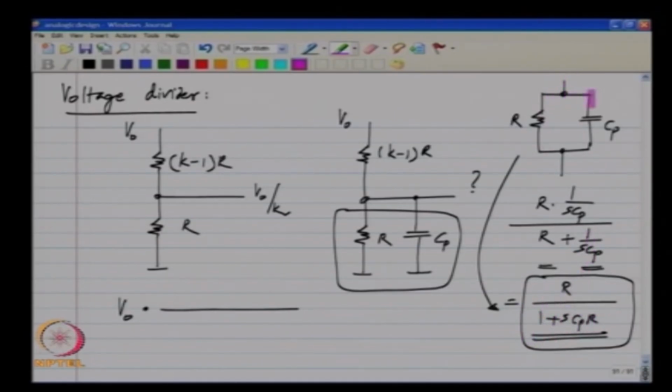At very high frequencies, the capacitor tends to act like a short circuit, and in fact, most of the current goes through the capacitor instead of the resistor. If you now imagine that the second term in the denominator is much more than the first term, we will get approximately R by SCPR or 1 by SCP. So, at high frequencies you see only the capacitor Cp. This expression makes sense, and as I mentioned in the introductory lecture, whenever you analyze a circuit, it is important to interpret the results and make sure that they make intuitive sense.